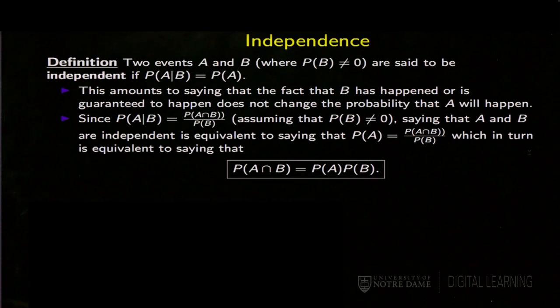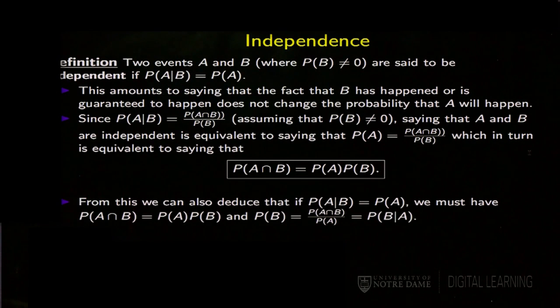And if I multiply across by the probability of B, that's equivalent to saying that the probability of A intersection B is the product of the probabilities of A and B. So from this, we can deduce that if the probability of A given B is the probability of A, we must have the probability of A intersection B is the product of the probabilities, and therefore the probability of B is equal to the probability of A intersection B, the product of the probabilities, divided by the probability of A, which by definition is the probability of B given A. So it's a perfectly symmetric definition.